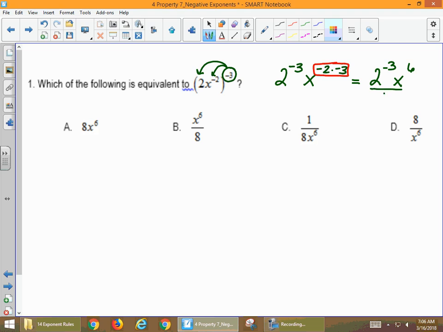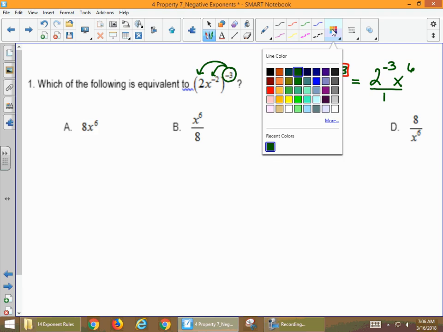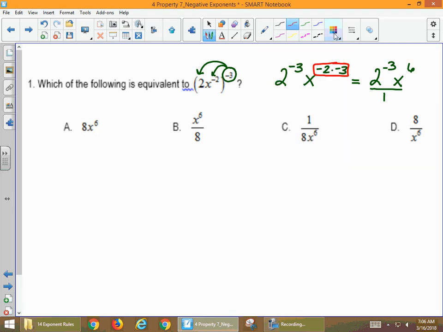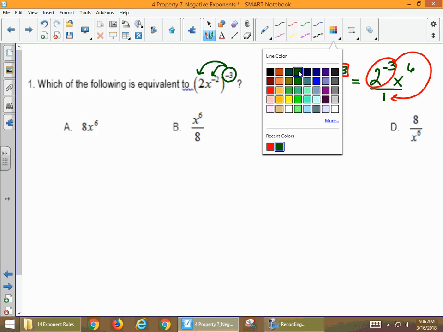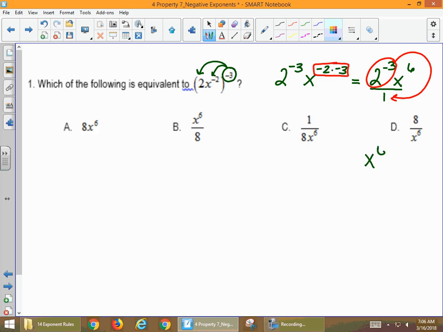And I'm going to make a fraction since I don't have a fraction yet. Now the next step I'm going to take is to deal with the negative exponent. So here's my negative exponent, and that means that term is living on the wrong side of the fraction. So my x to the 6th is going to stay up top, and my 2 to the 3rd is going to go to the bottom.